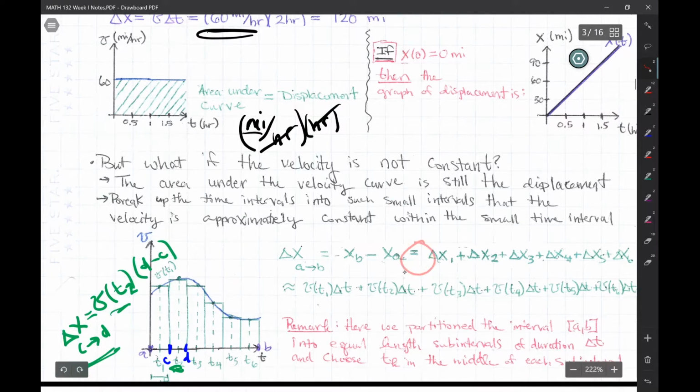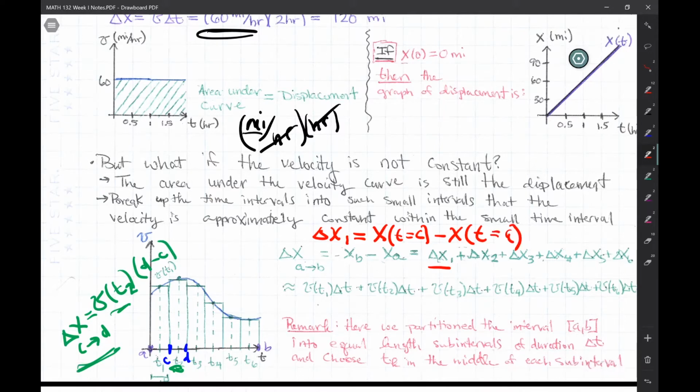The approximation hasn't happened yet. This is still an equal sign. And you could see that it's equal, for example, by considering delta x1. Delta x1 will be equal to the final position after the first small interval. So that's going to be x at t equals c minus x at t equals a.